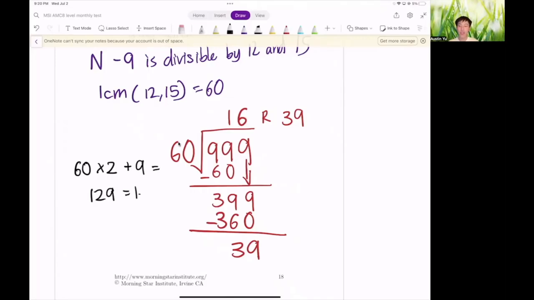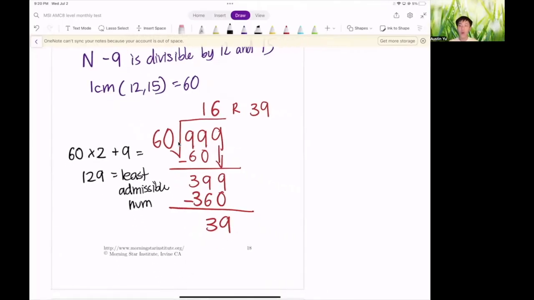This is the least admissible number because it is a three-digit number and it has a remainder of 9 when divided by 60. And then what is the most? Well, the most would just be 60 times 16, right? This is the closest that you can get to 999, and then plus 9 again because the remainder equals 9, which gives 969. So 969 is the greatest admissible number.